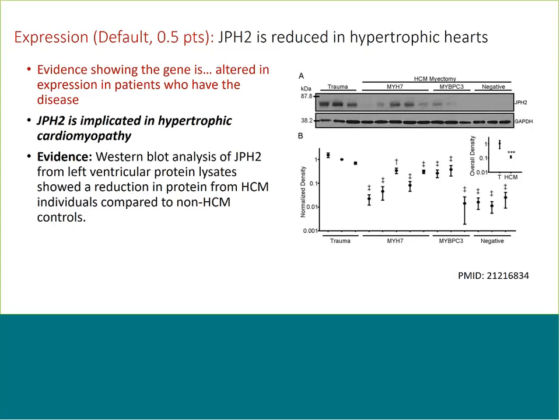Across all the samples, regardless of the mutation they had, and regardless of the gene the mutation was in, they had a reduced level of JPH2, and they quantified it over all of the patients and showed that this was significant. So I gave this a default of 0.5 points, just showing that JPH2 is altered in people with the disease, regardless of what type of mutation they're carrying.